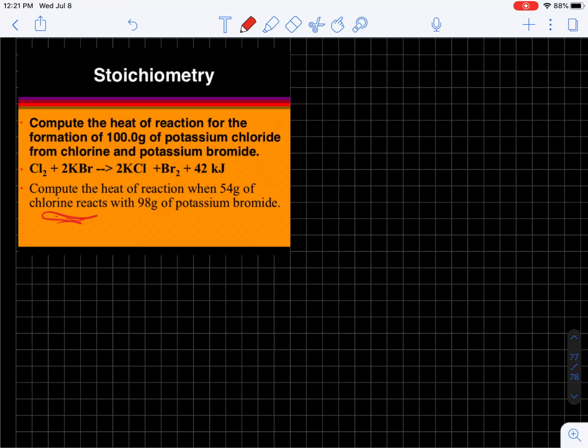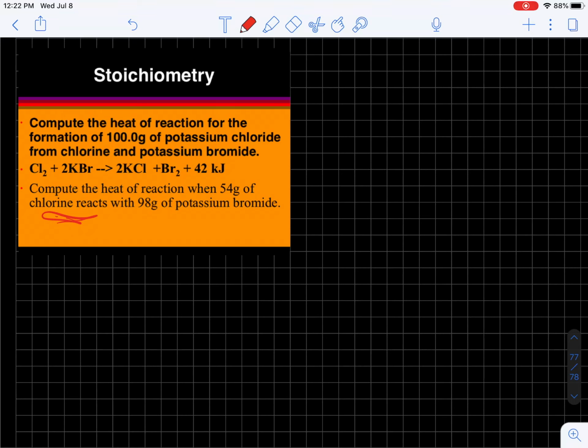Compute the heat of reaction when 54 grams of chlorine reacts with 98 grams of potassium bromide. All right, so if we collected a certain amount, then we could do a percent yield thing here. So I'm just going to make something up.